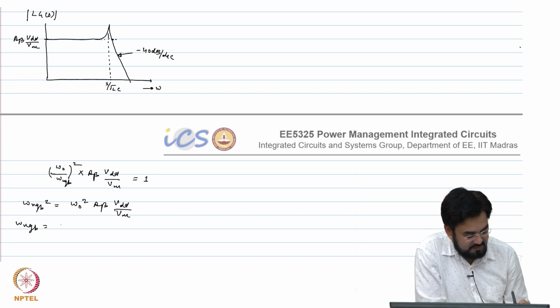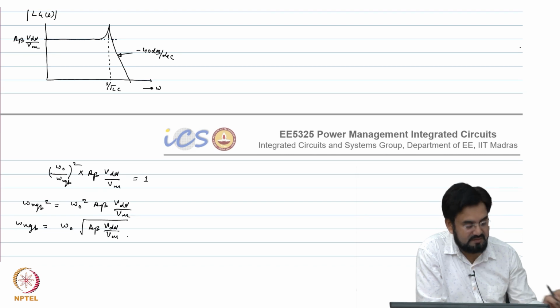Omega UGB equal to omega naught square root A beta VDD over Vm.